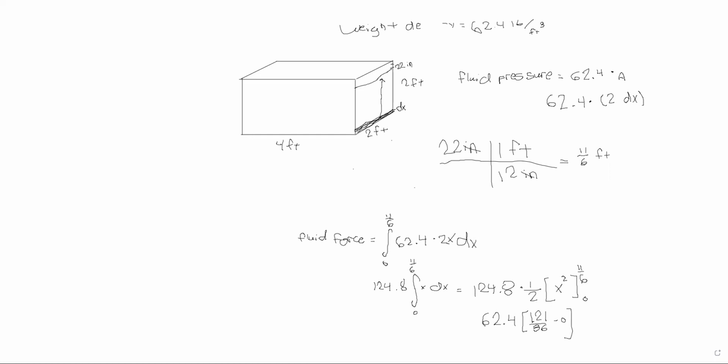So we have 121 times 62.4 divided by 36, which gives us an answer of 207.73 repeating. And fluid force is measured in newtons. So this is how much force is being exerted on the rightmost wall of our aquarium.